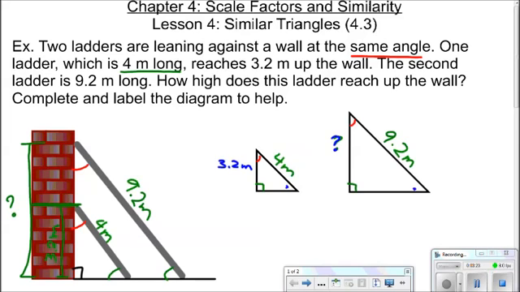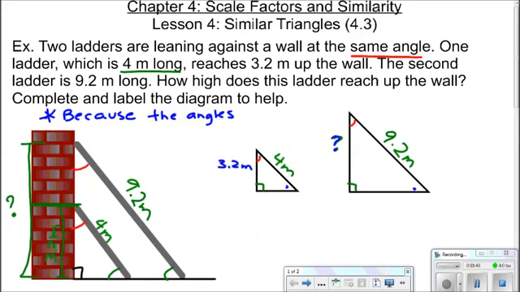And so that bottom angle would also be the same. So we know that it's a similar triangle. And so we are stating that because all the angles... not really sure why I stopped writing there. Oh, okay.